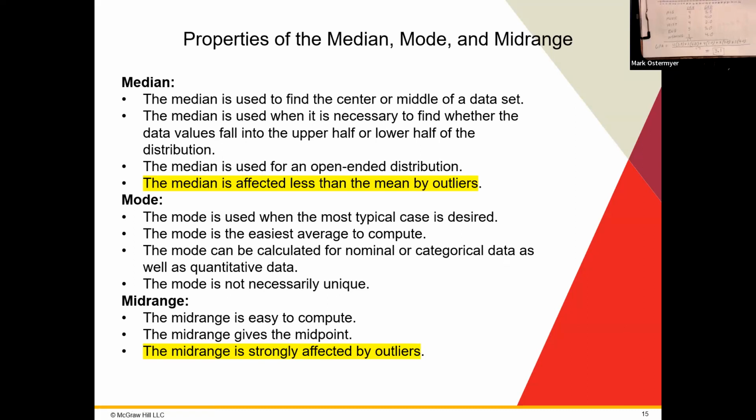Whereas the median and the mean have no meaning for nominal or categorical data. The mid-range is also what? Strongly affected by outliers. So again, the key is if your data set is plagued with outliers, we should be using the median as a measure of central tendency, not the mean or the mid-range.